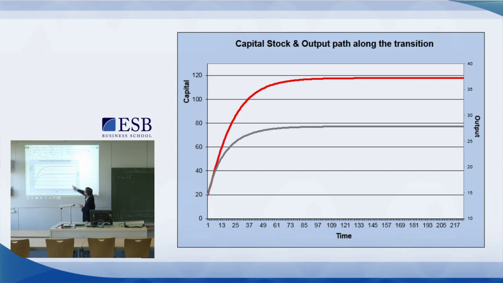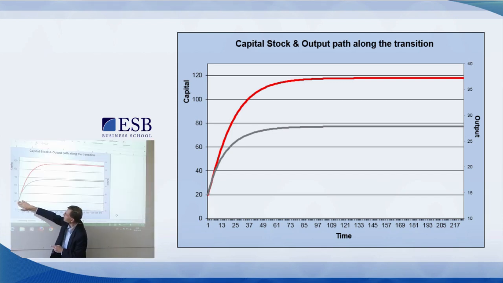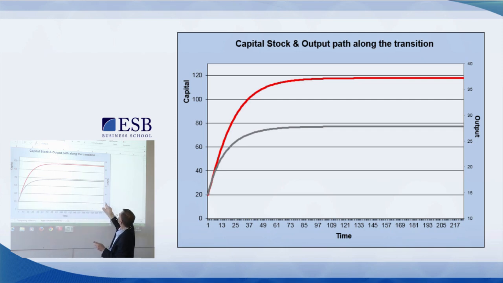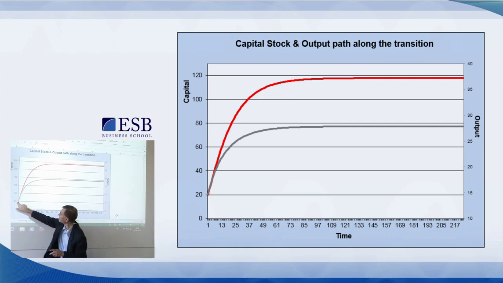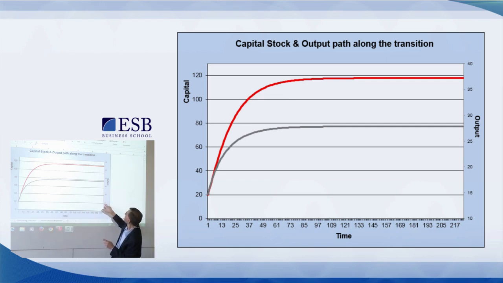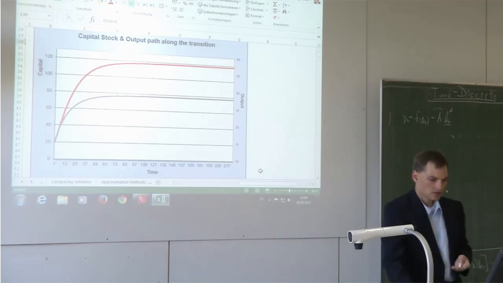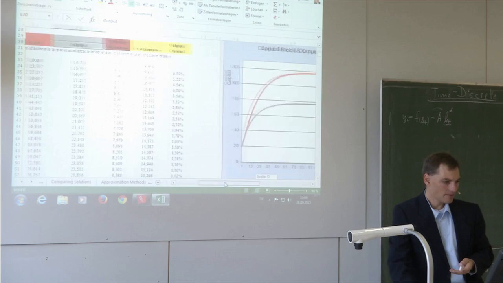For capital, red, and for output, think about it: output started around 14, and then it was growing. It was starting out around 14 because this is on the right-hand scale. And then we were growing until around 28 in output units. Can I show you this again?